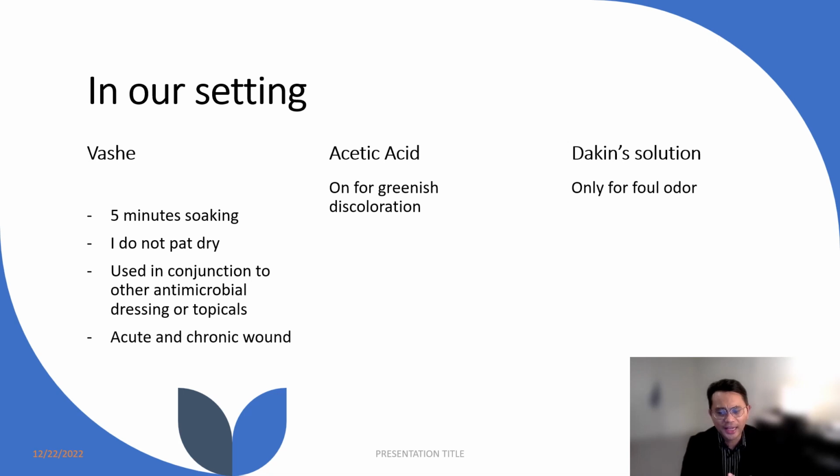It is my clinical opinion that if we use Vashe early with this type of patients, we may be able to eradicate or reduce the risk or even prevent the formation of biofilm, which they can easily form after 3 days.